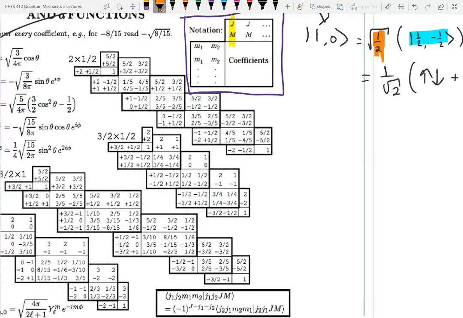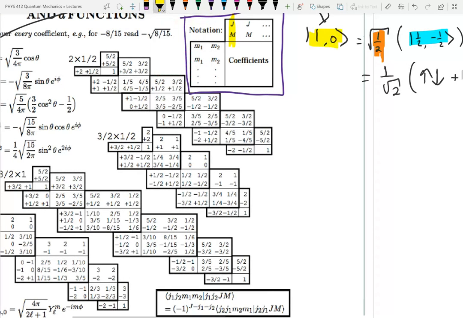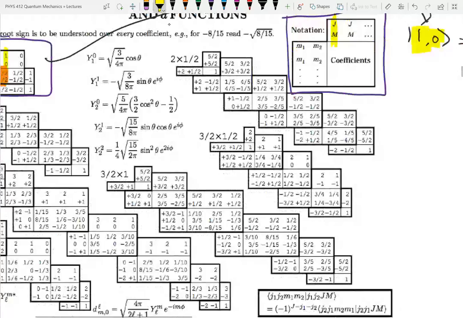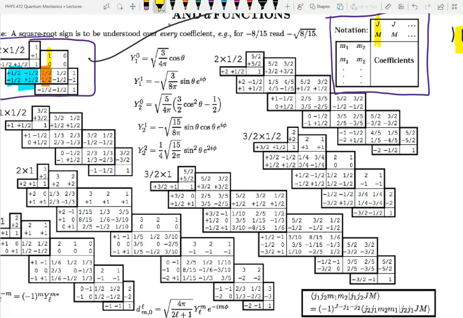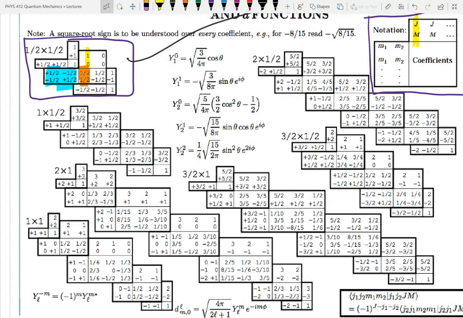And of course, the yellow, final one, was this here. So that's how you read them. We're going to come back to this in just a moment to do another example where I want you guys to read the table and tell me what my eigenstate is going to be.